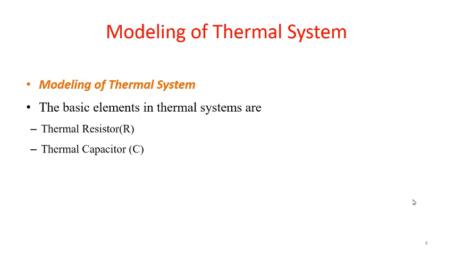So to obtain the equations or modeling of these systems, we come across different laws of thermal systems. In heat transfer, we know that the modes of heat transfer are conduction, convection and radiation, and all these modes are associated with different laws.